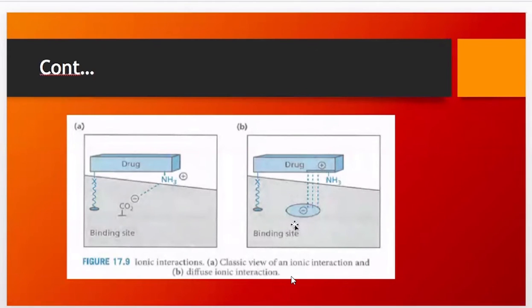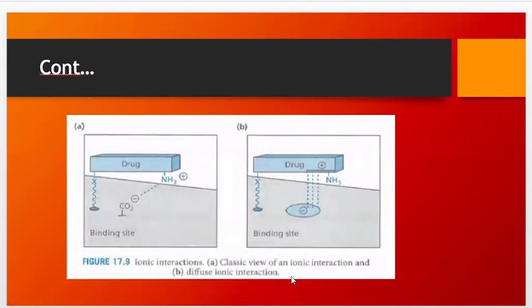The same thing applies to the binding site. At the binding site also, the negative charge that we saw here is not localized on the oxygen atom, but rather occupies a specific region of the binding site. So this is the interaction that you can visualize with these softwares.